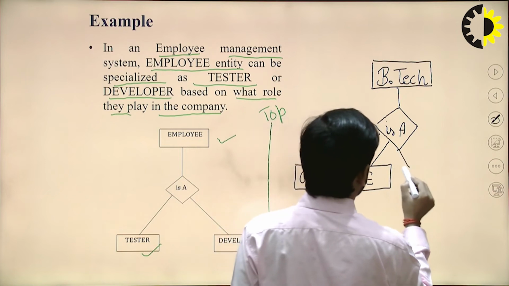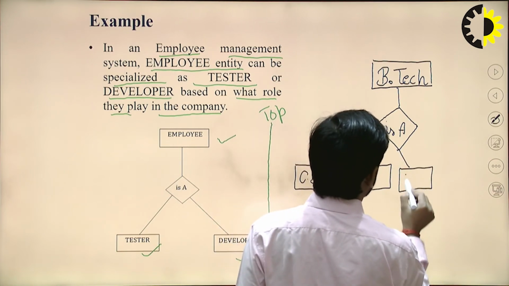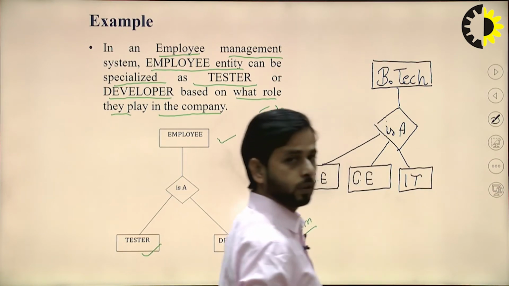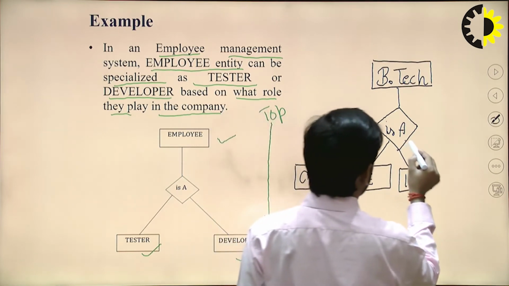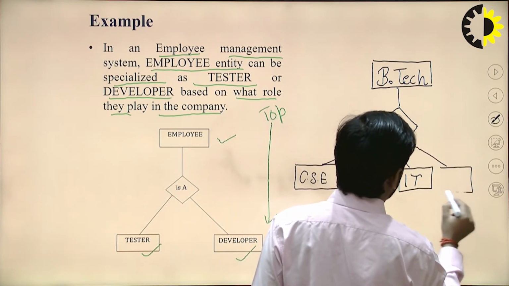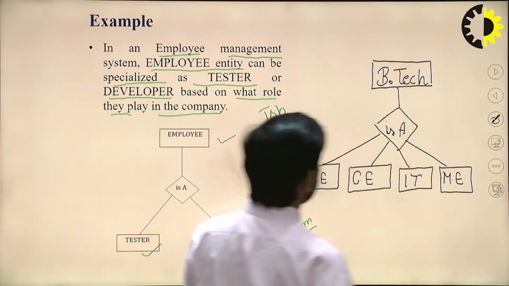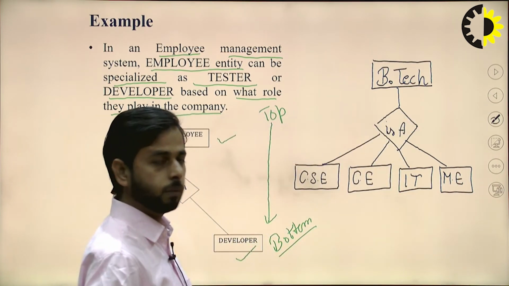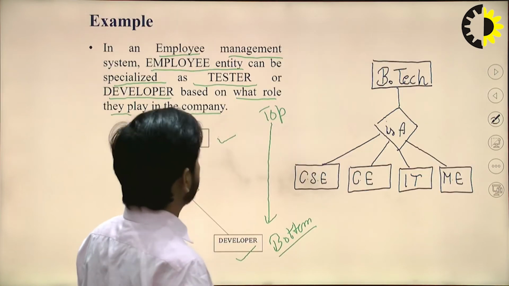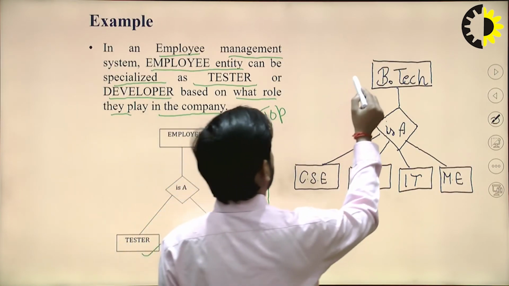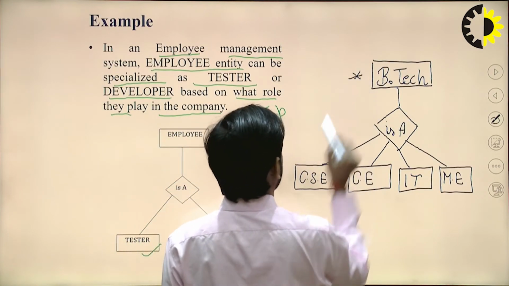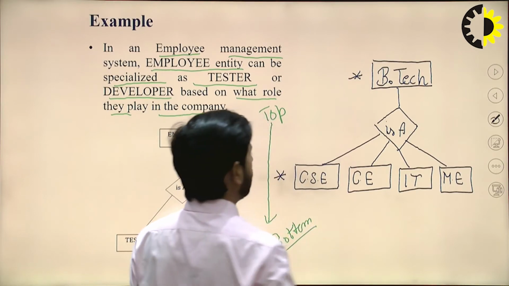Next, information technology is one of the specializations. Mechanical engineering is one of the specializations. So this is also an example of specialization. It is the superclass or top class, and it is the subclass or lower class.